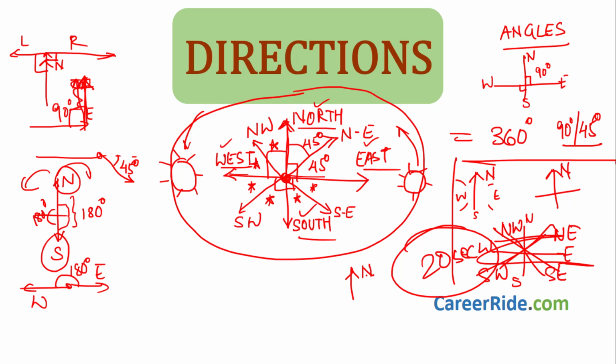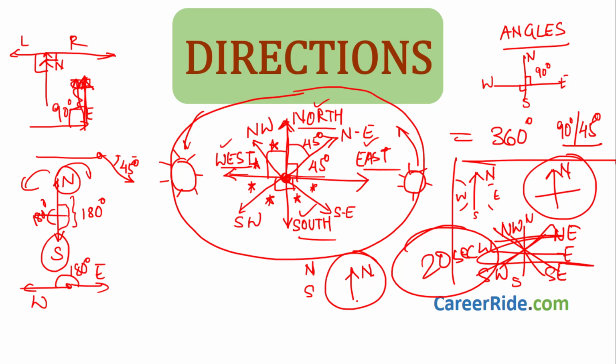Once you practice more, you won't even need to draw this. You will just remember that north is on the top and south is at the bottom. Finish. And you will be able to solve sums directly with this. But right now, while practicing, we will be seeing this diagram, and in the exam, please draw just one arrow and north, and that way you can solve all the sums.